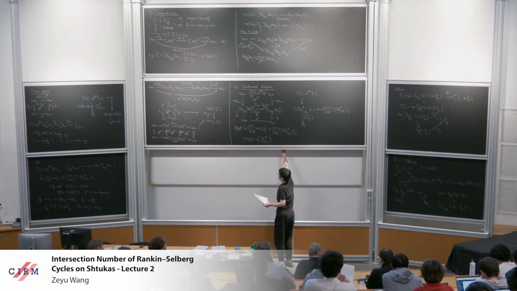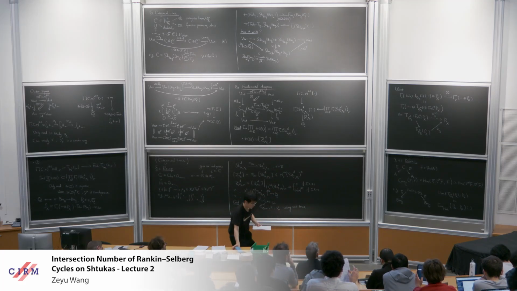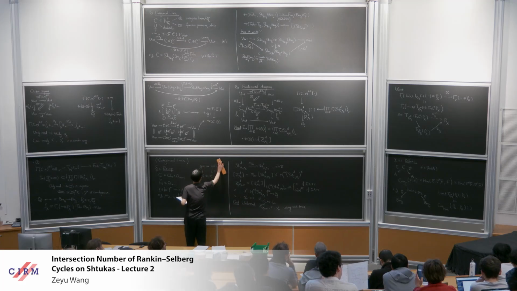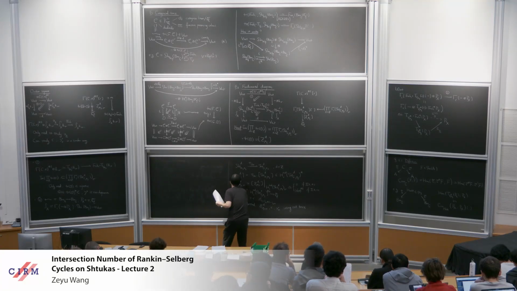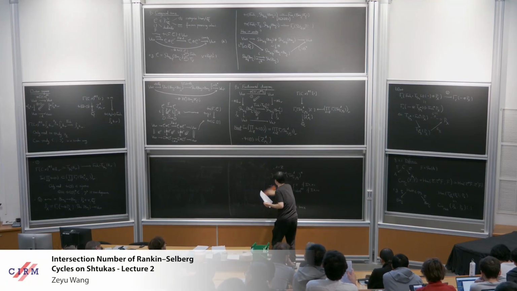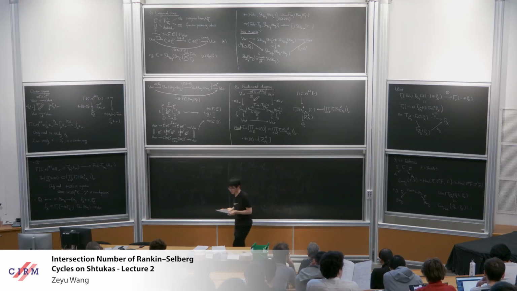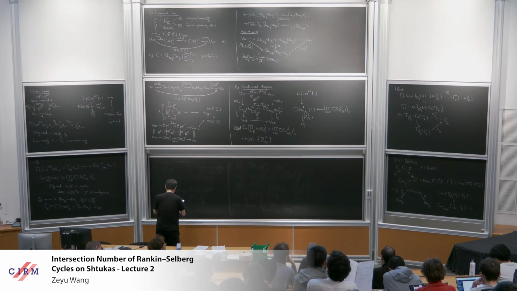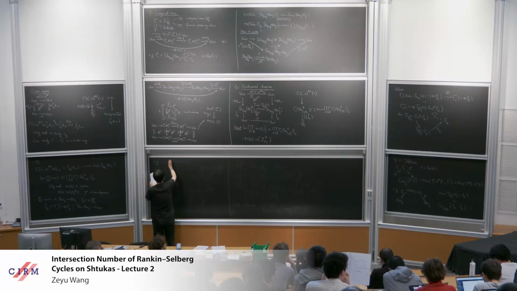So what's the advantage of introducing this notation? I want to say that there are some natural ways to construct a cohomological correspondence.